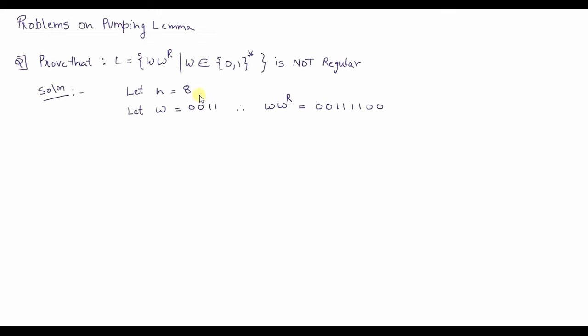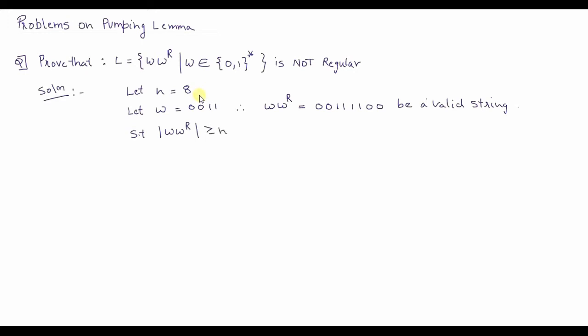Let w w raised to r be a valid string such that the length of the string w w raised to r should be greater than or equal to n.